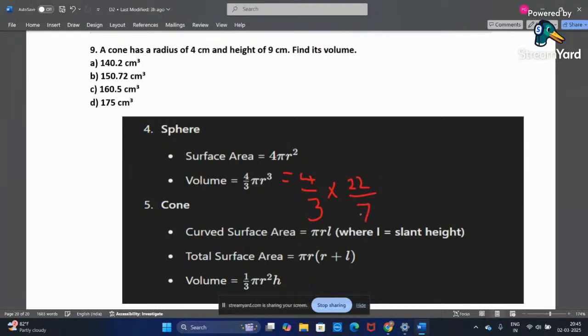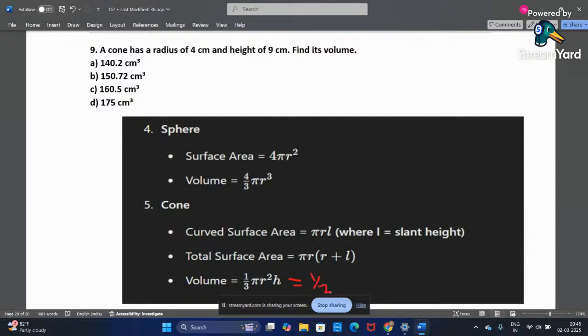We can write directly like 3.14 into, what is r here, radius is, okay, sorry, here I have substituted in sphere, but we need to substitute in cone, because a cone has a radius of 4 centimeter. So substitute the value in the cone formula.